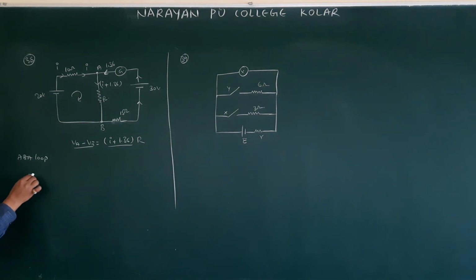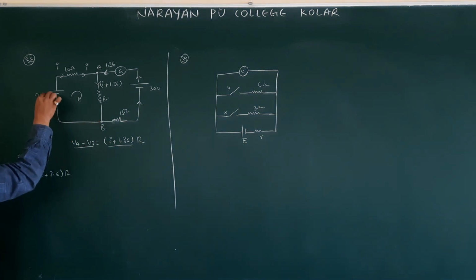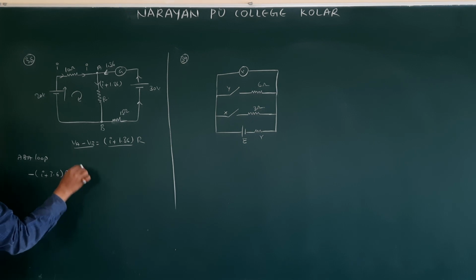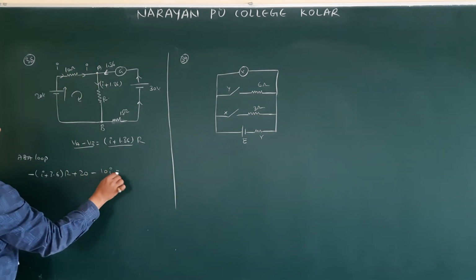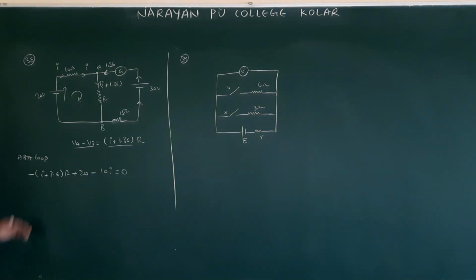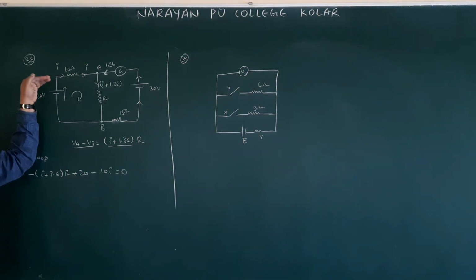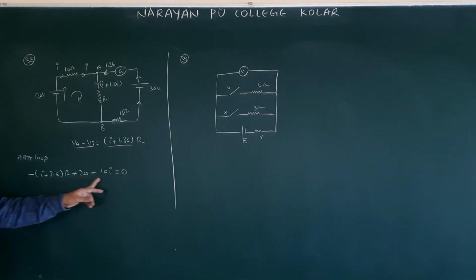Both are in the same direction, so minus I into R. Next, we are moving from negative to positive, so plus 1. Then we are moving in the same direction, therefore minus 10 I. This is one equation.